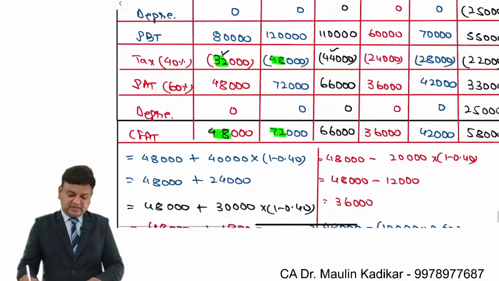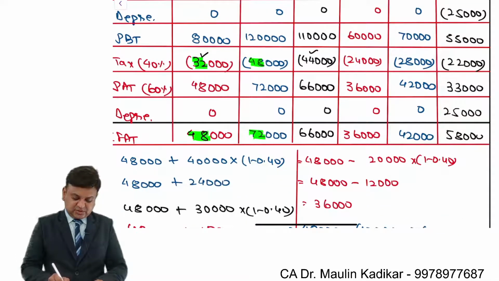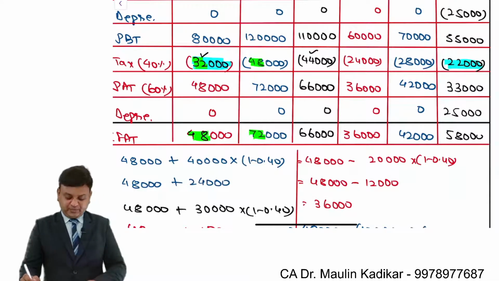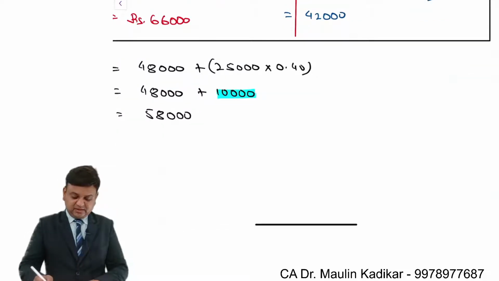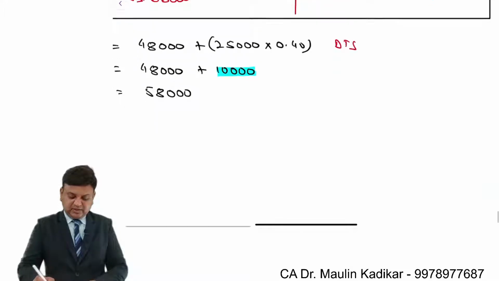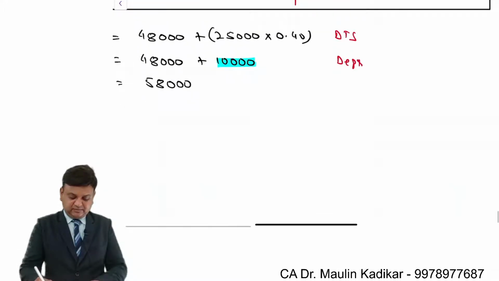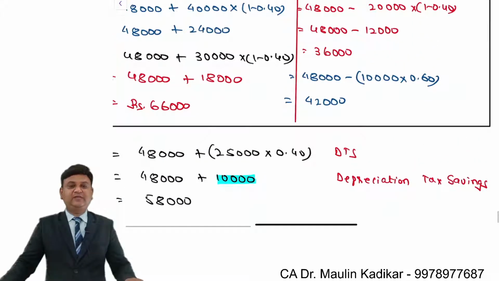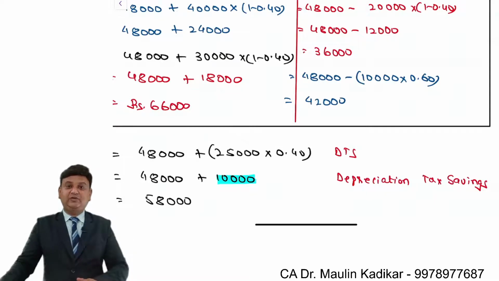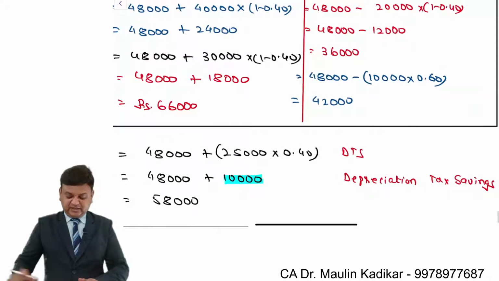You have to understand it like this, that this was 32,000, this has reduced to 22,000. So that 10,000 rupees is considered to be DTS. DTS stands for depreciation tax saving. Depreciation tax savings. That is the way, so the cash inflow will increase rather than reduction.